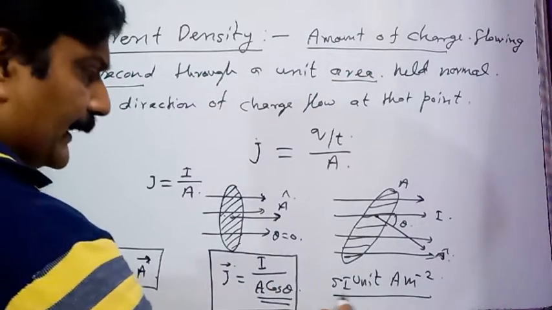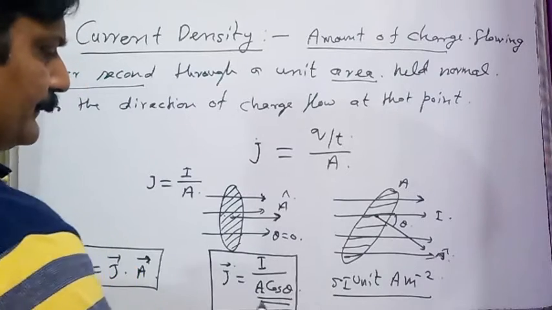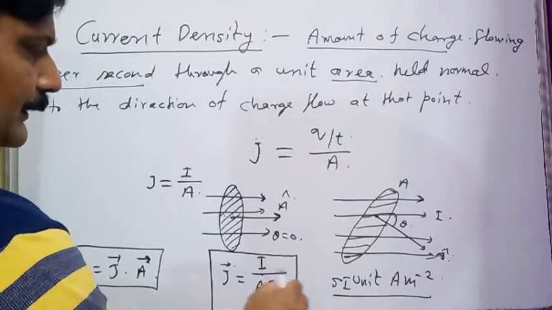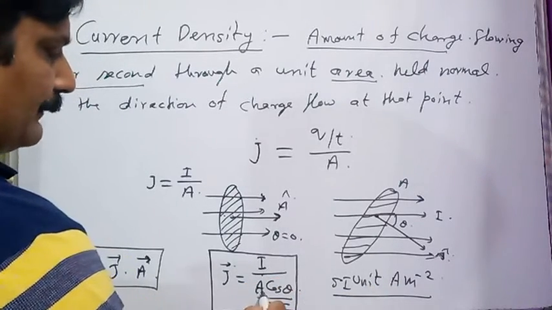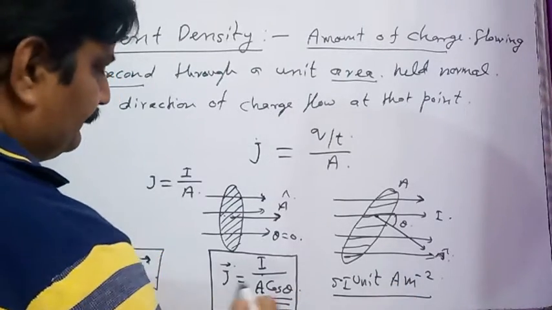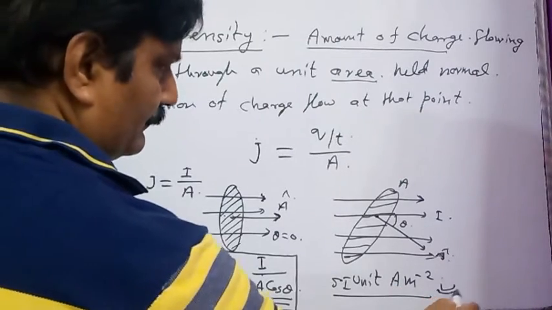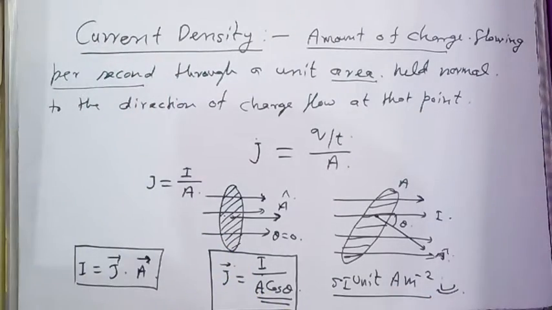Then what can be the SI unit of current density? As we know, the unit of current is ampere and the unit of area is meter square. So the unit of current density is going to be ampere per meter square. What will be the value of current in terms of current density?